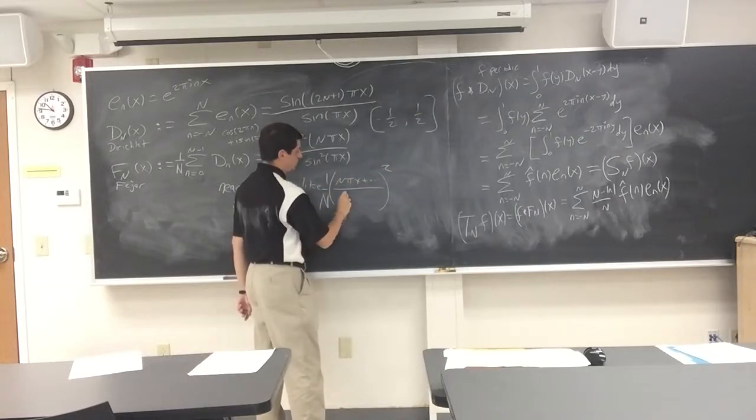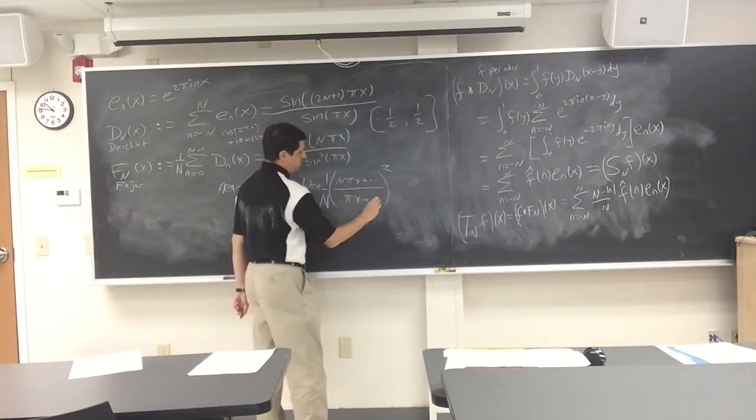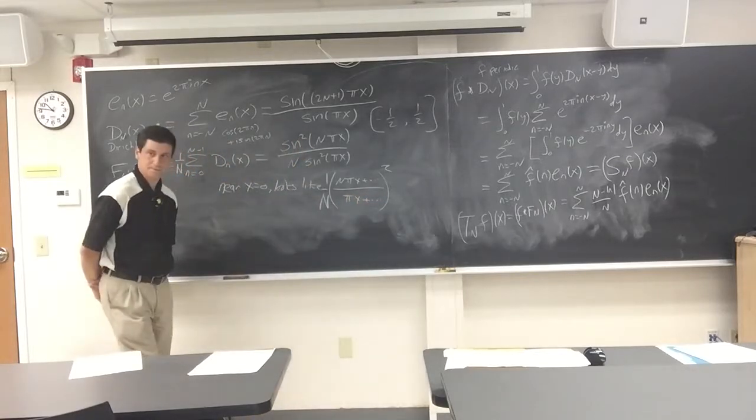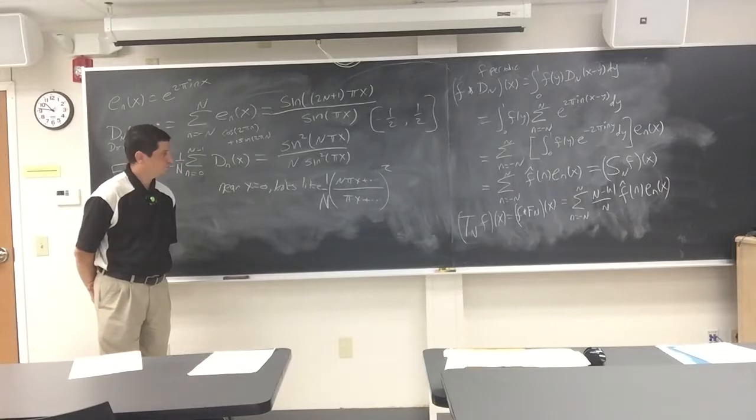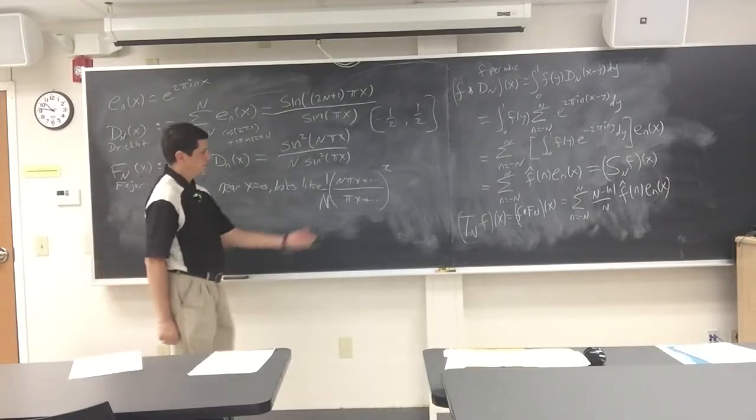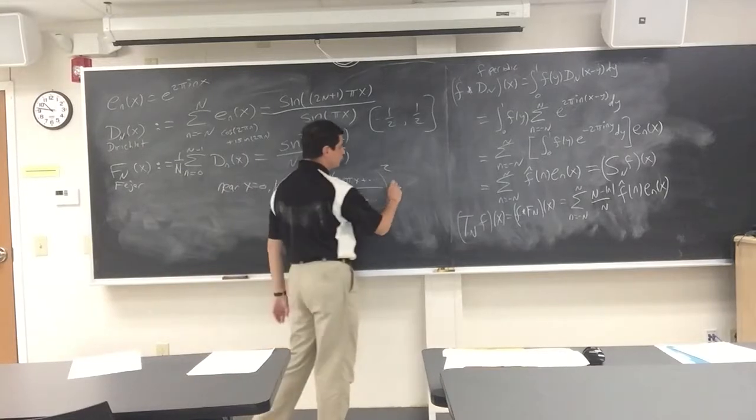And down below, it's going to look like pi x plus higher order terms. So then when I square things, the pi x's cancel, I'll have an n squared. So this is going to look like n.